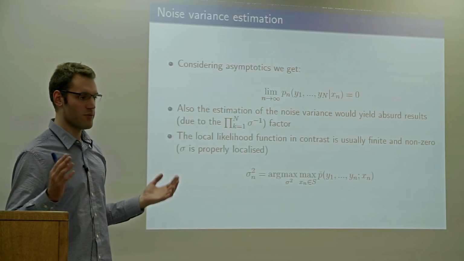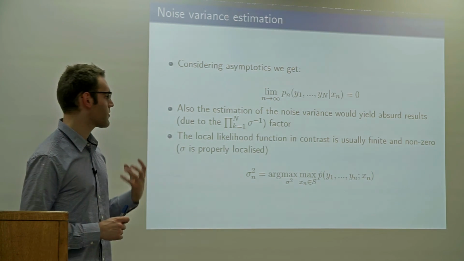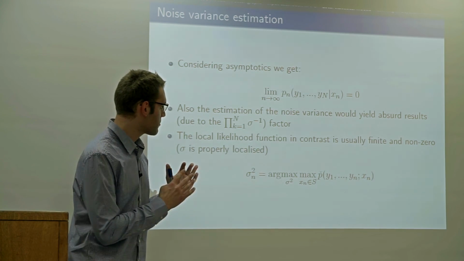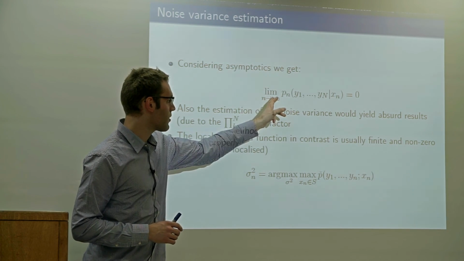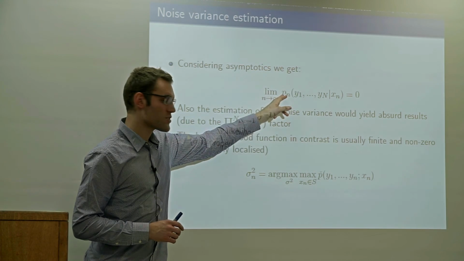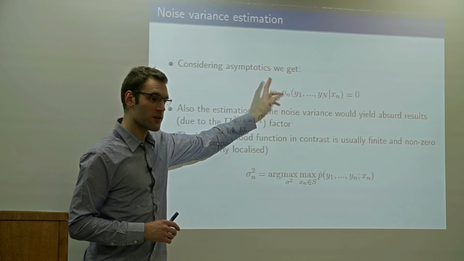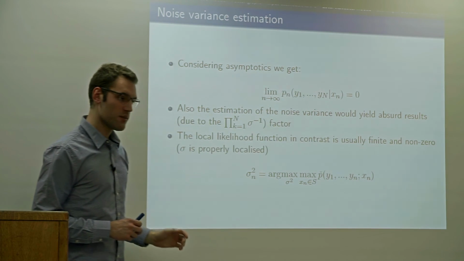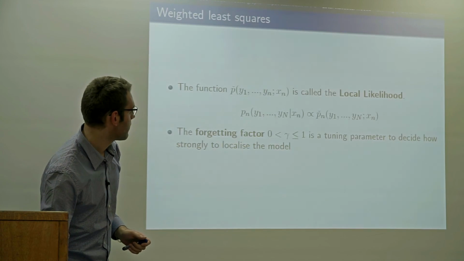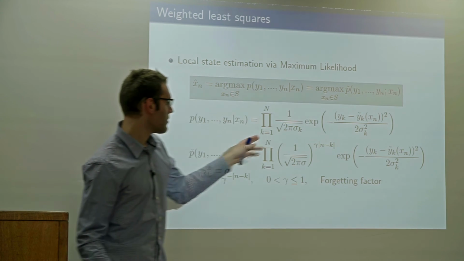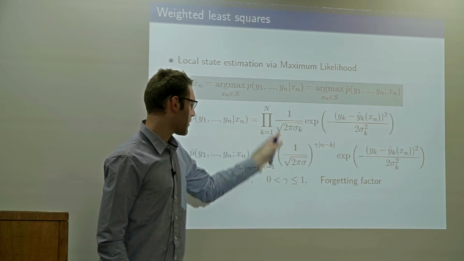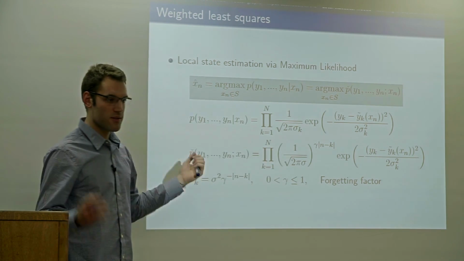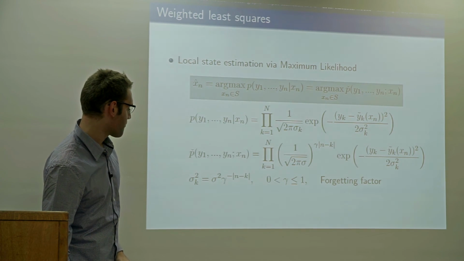It would just go to infinity. So if we let the index n go to infinity in the original likelihood function, due to this factor here, we just multiply, multiply, multiply, and it goes to 0.